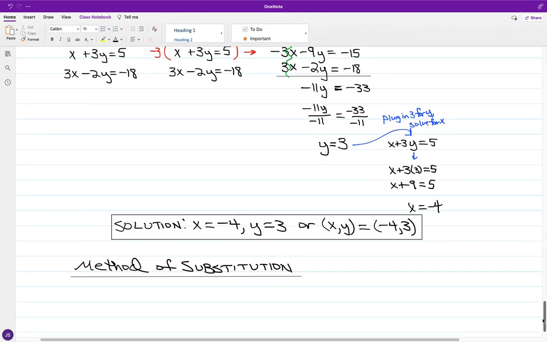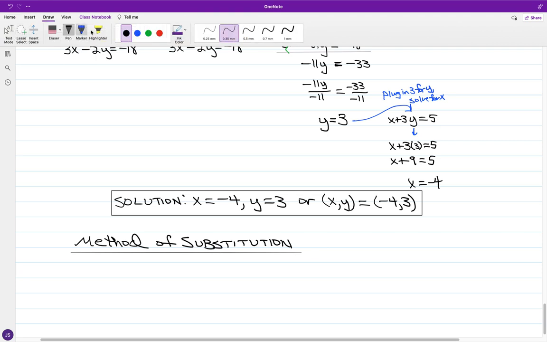And just as an example, say again we're solving for x and y. For this system, the first equation will be given in slope-intercept form.